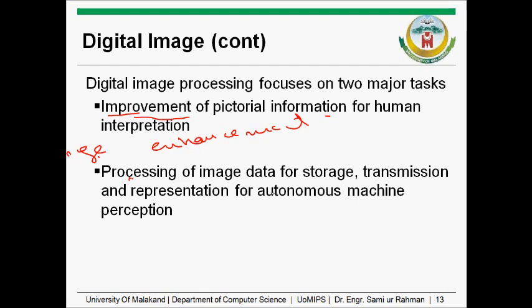So that is another area. Sir, can we apply this process also to videos? Yes, exactly. This is an interesting question. Video is actually a series of 2D images. So when you apply some algorithm on an image, you can just make another loop.